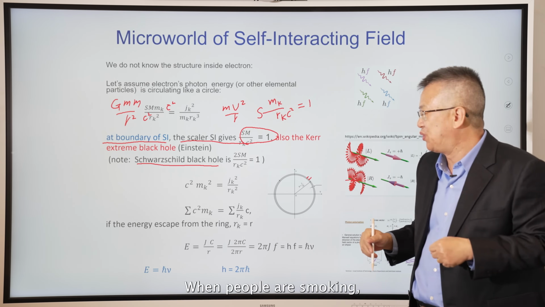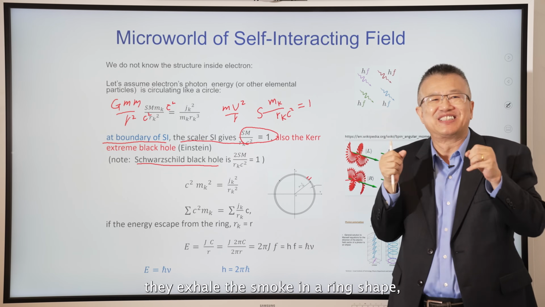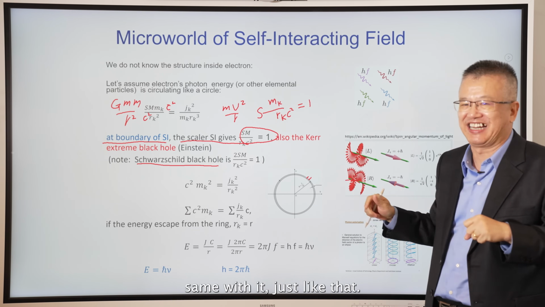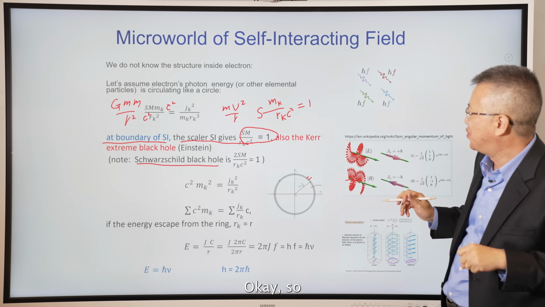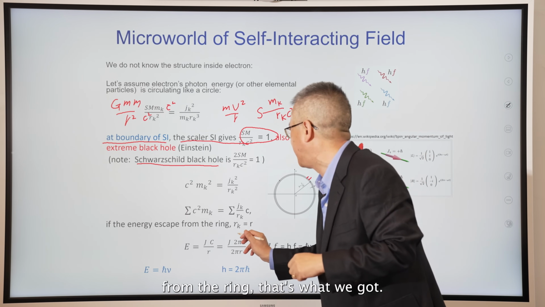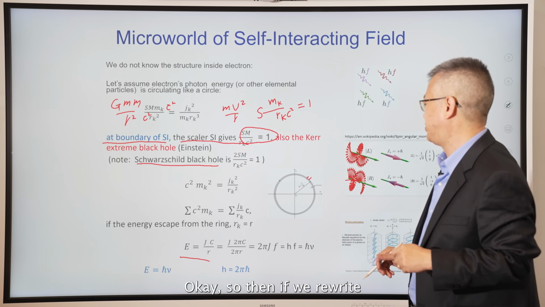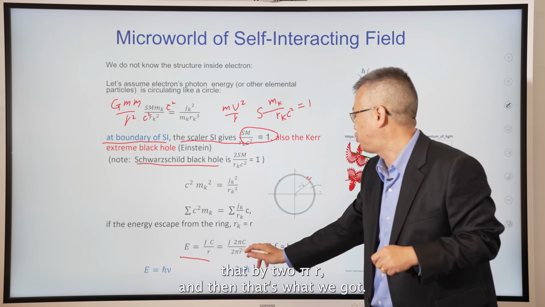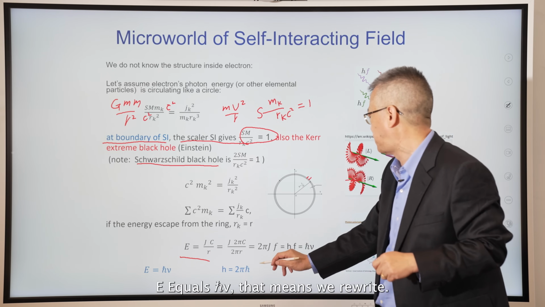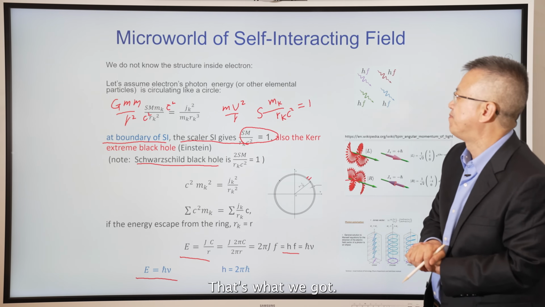Like when people are smoking, they spin out a ring of smoke, just like that. So if the energy runs away from the equator, from the ring, that's what we got. Then if we rewrite that by 2 pi r, E equals h bar v, that's what we got.